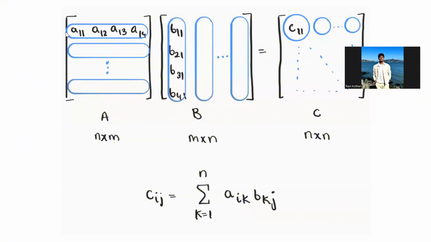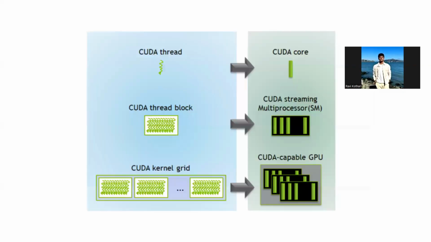We can see that when we multiply the elements of A, row 1 does not change and column 1 of B does not change whenever we are trying to calculate the element C11.